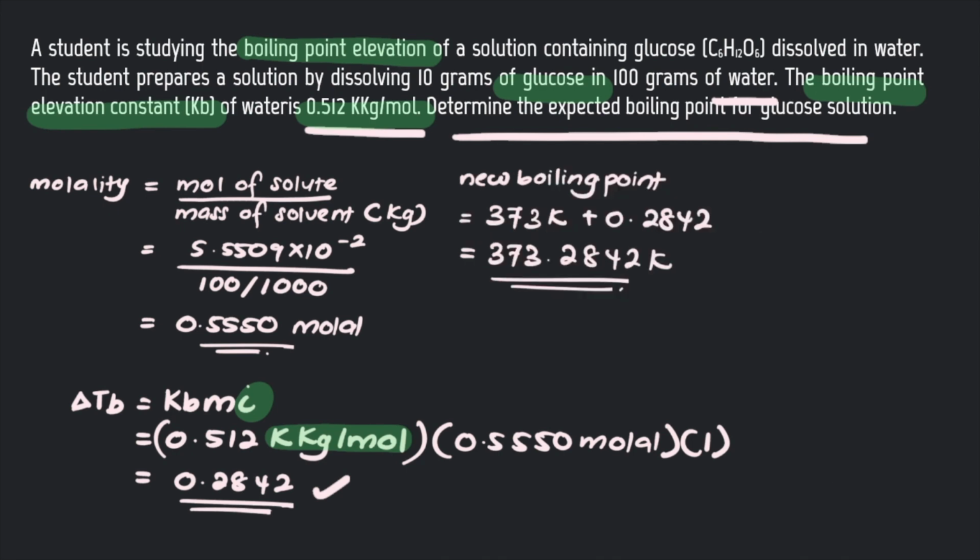Right, I'm just going to recap a little bit about this part because it's slightly different than in my notes, because in my notes usually I will give you the elevation constant in degrees Celsius over molality. So this is actually almost the same.